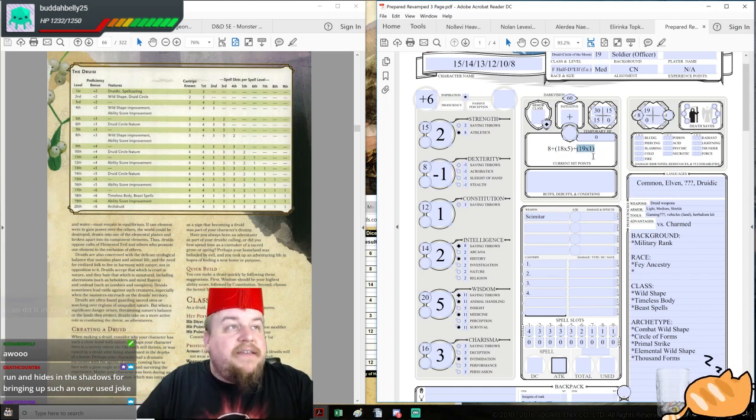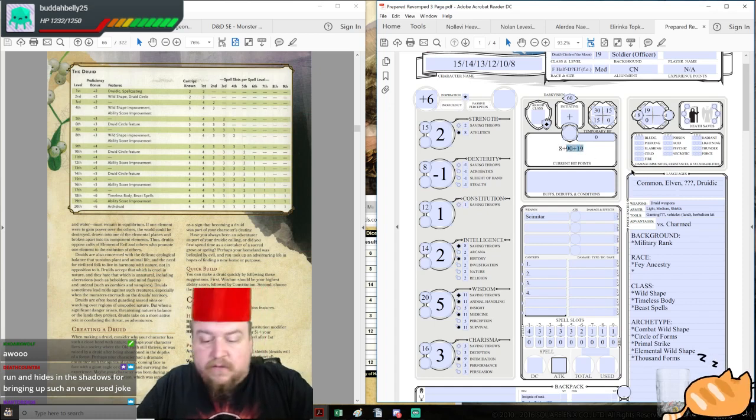Here we have 19. 18 times 5, so you have 8 times 5, which is 40. 0, carry the 4. This is 90 hit points. Okay. So here we have 109 hit points. Plus 8 is 117 hit points.